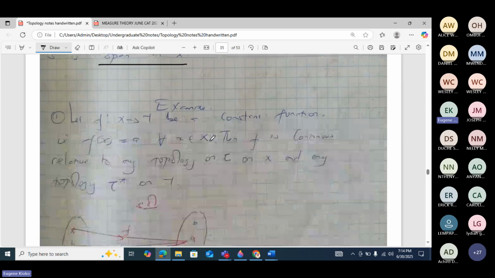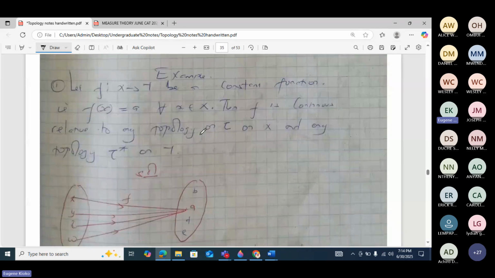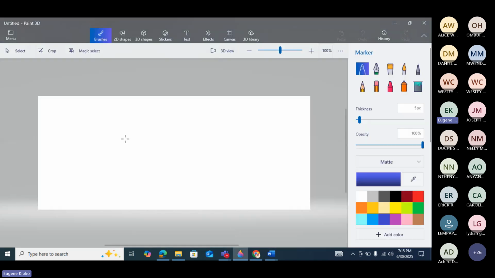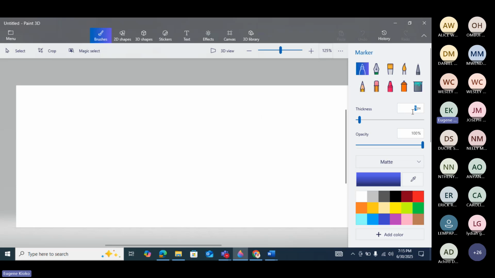Now, let us go straight to this example and see. Let f(x) be a constant function. When you talk about constant functions, in basic mathematics, you must have covered types of functions, one-to-one, onto, and so on. A constant function is a function in which all members are mapped to the same value.